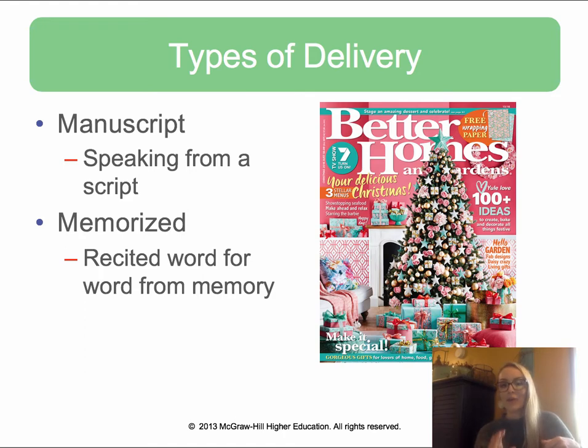Probably not. Right, so that's where extemporaneous comes in, which we'll talk about here in a second, where you can see the audience's reaction and adjust your message, and it's not necessarily just read to the audience. You can position, you can have conversational phrasing, and those kinds of things.